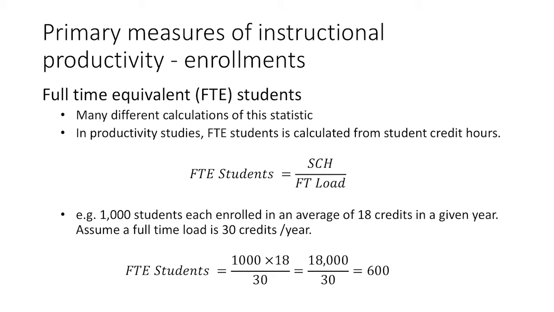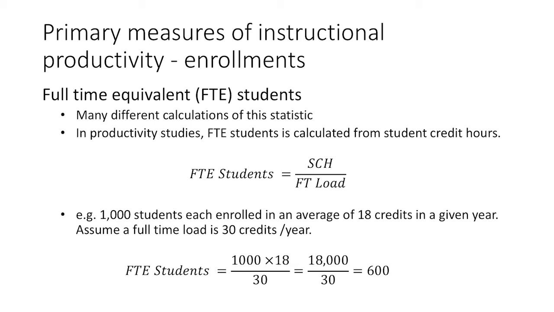So to convert 18,000 student credit hours to FTE students, we take 1,000 students times 18 credit hours divided by 30. That equals 18,000 student credit hours divided by the full-time load for a year, 30 credits. That gives us 600 full-time equivalent students.